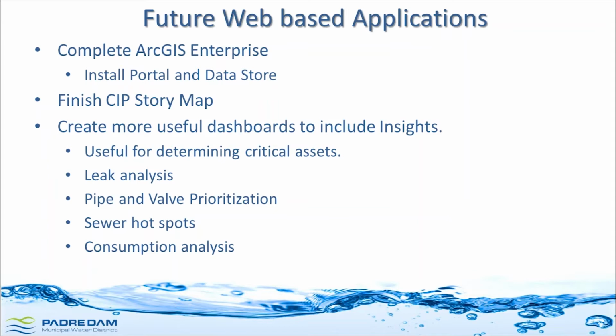We recently did an Insights demo for our managers, and they got really excited about that and have already come up with a lot of ideas of how they can utilize it. For example, for determining critical assets, leak analysis, pipe and valve prioritization, sewer hotspots, and consumption analysis. So we have a lot of work this year, and that's the end of our presentation.